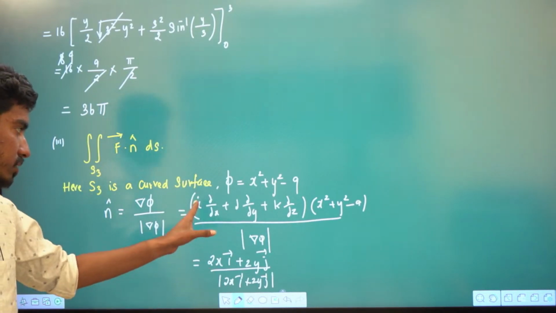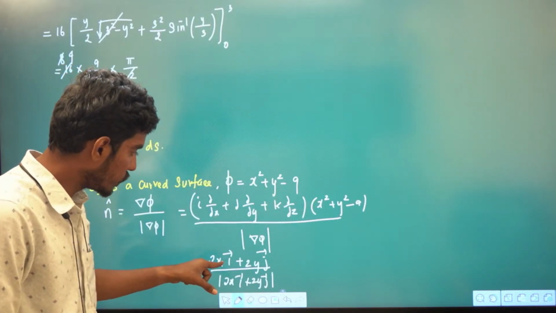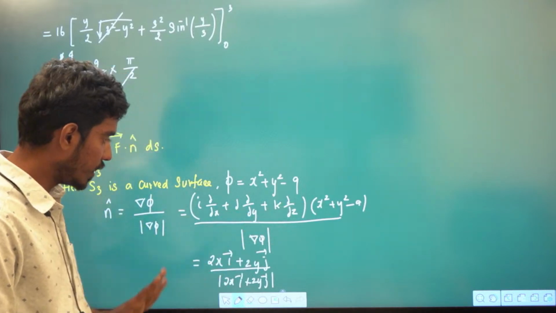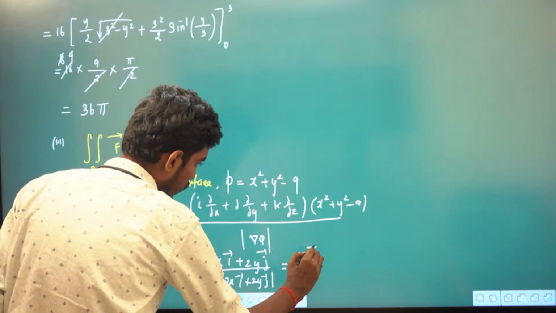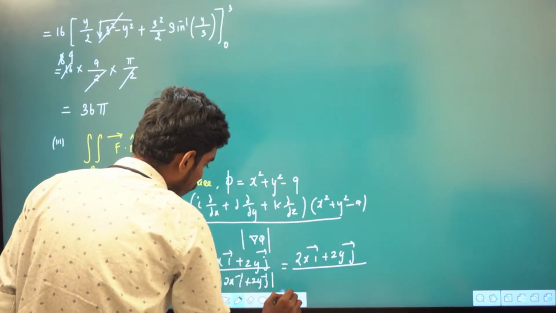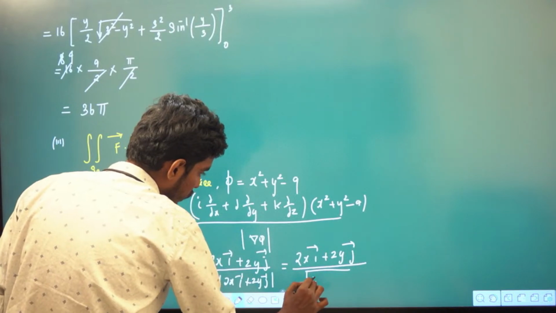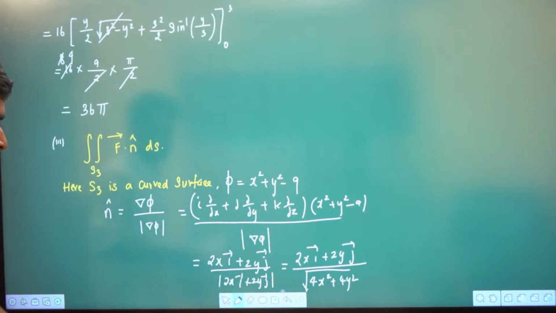So you just differentiate with respect to x, get 2x, multiply i, differentiate with respect to y, multiply j. So this is 2x i vector plus 2y j vector. This is your del phi. Modulus of del phi is root of 4x square plus 4y square. You know, right?